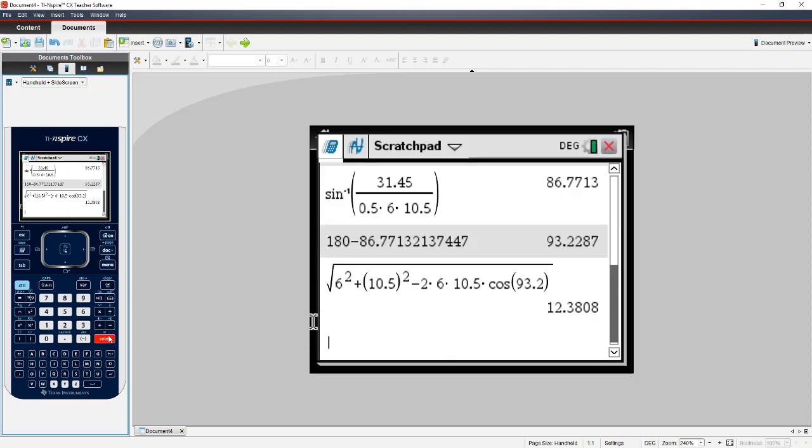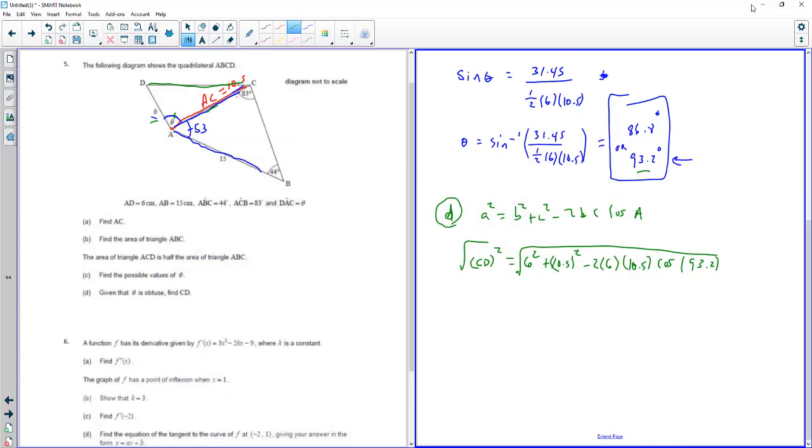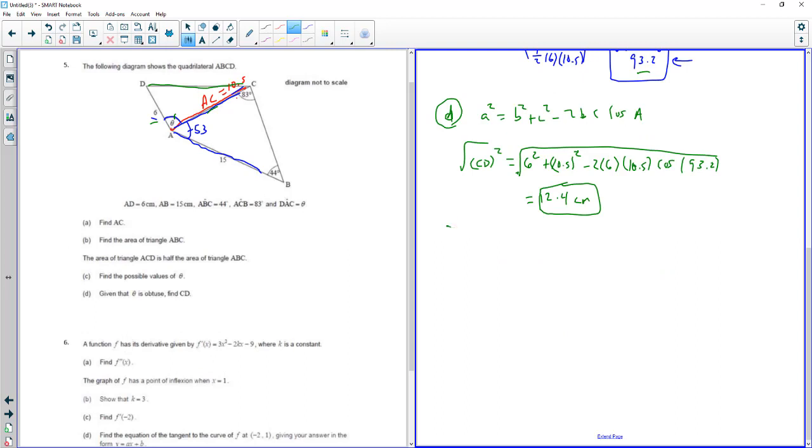And that would be 12.4. I'm rounding everything, of course. All right, and that'll be in centimeters, and that'll be your answer. So we are all done with number 5, finally. Number 6, let's just keep moving. Final question.